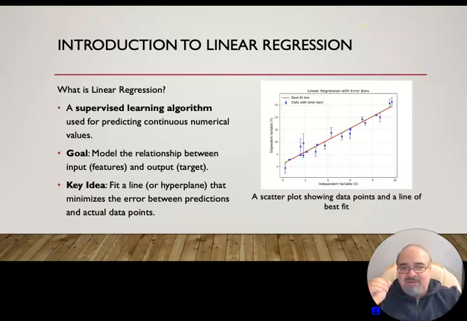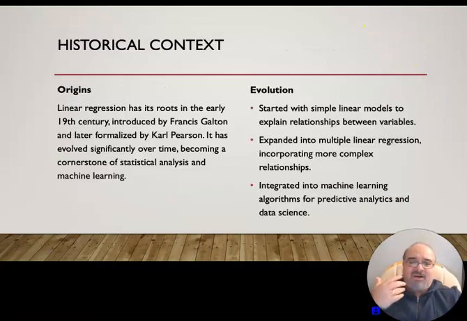Let's take a look at where this comes from and give it a historical context as well. It began in the early 19th century with Francis Galton and later Carl Pearson, who took it to the next level. Over the years, it's grown into a fundamental tool in statistical analysis and machine learning.